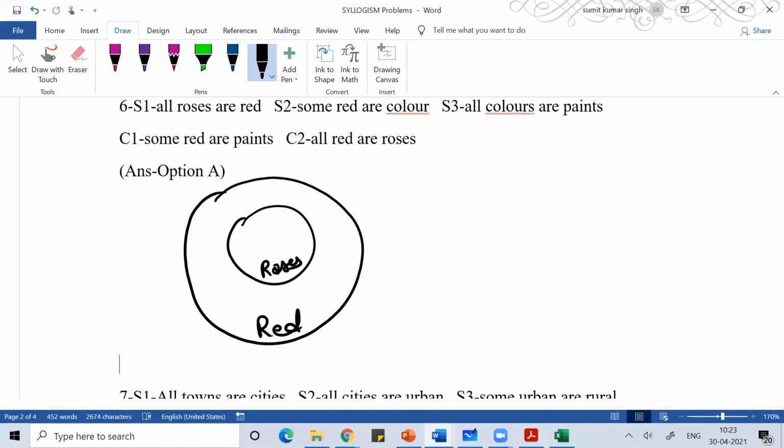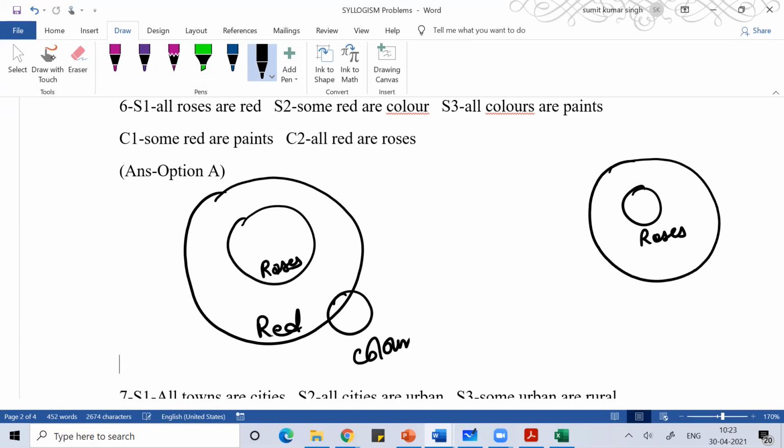So color can be this, I don't know. So some red are color. Okay.